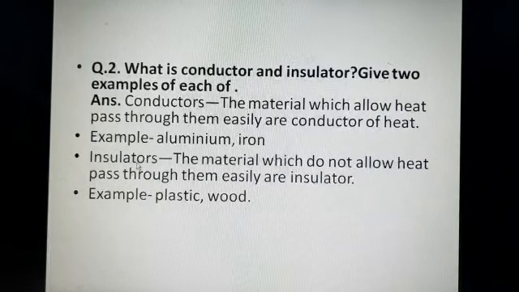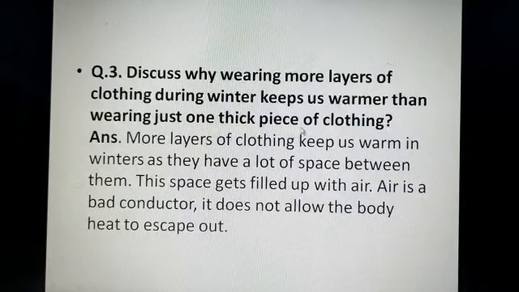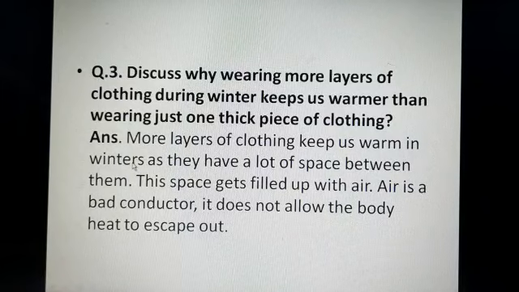Conductors allow heat to pass through them, and insulators do not allow heat to pass through them. Now the third question: discuss why wearing more layers of clothes during winter keeps us warmer than wearing just one thick piece of cloth. Student, more layers of clothing keep us warm in winter. Why?